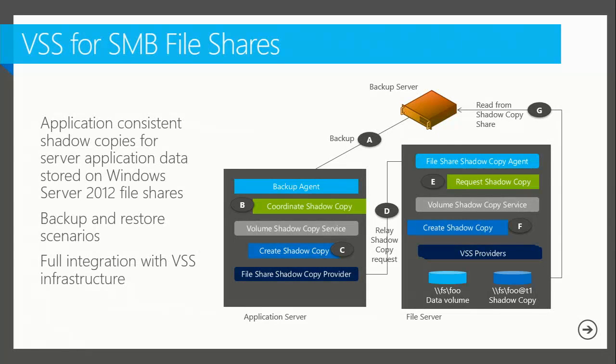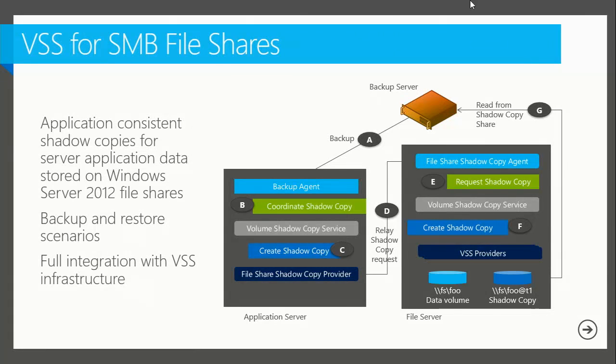So we actually had to do a significant amount of work so that VSS could perform a backup using a remote file share as the data location. And that's essentially what we're doing here.